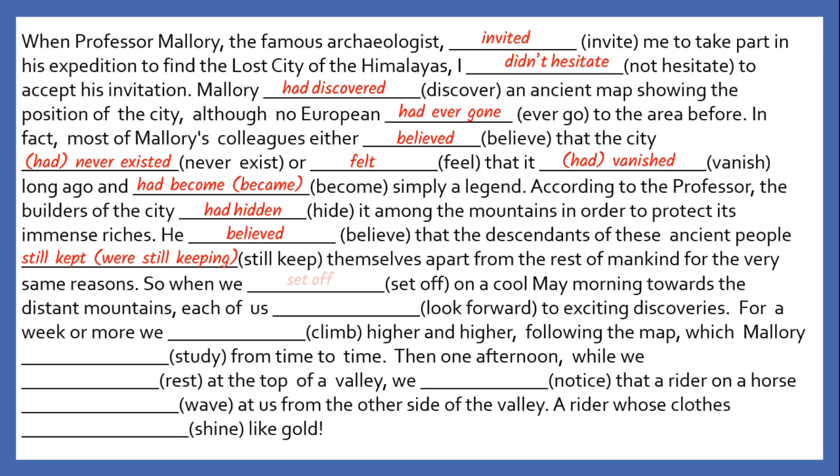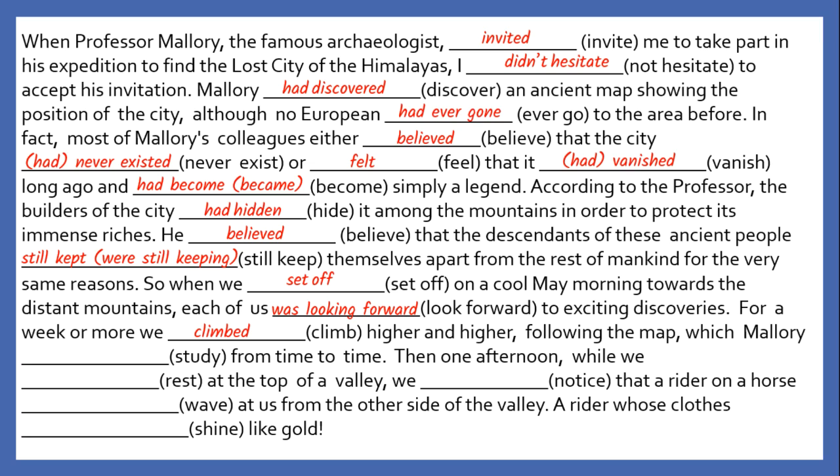So, when we set off, your main event, on a cool May morning toward the distant mountains, each of us was looking forward, a continuous action in the past at a specific time, to exciting discoveries.